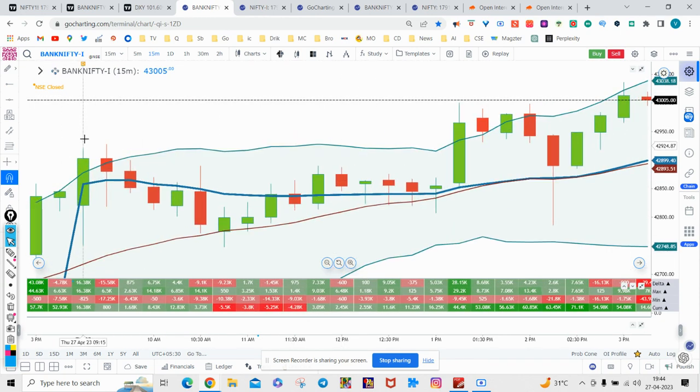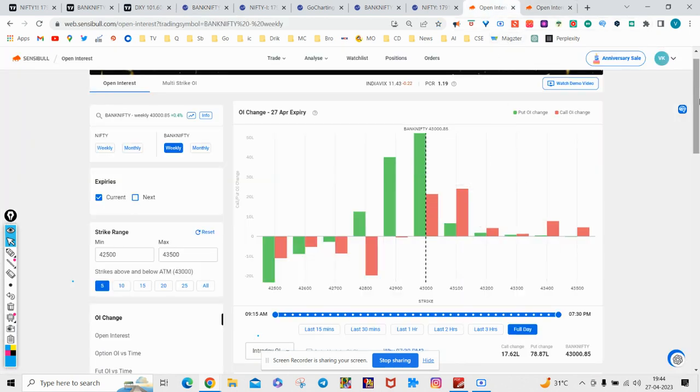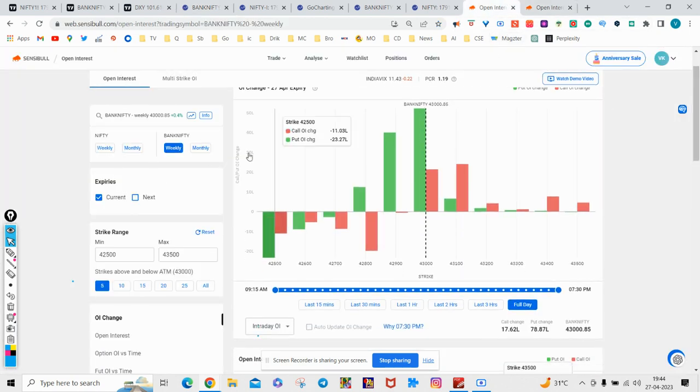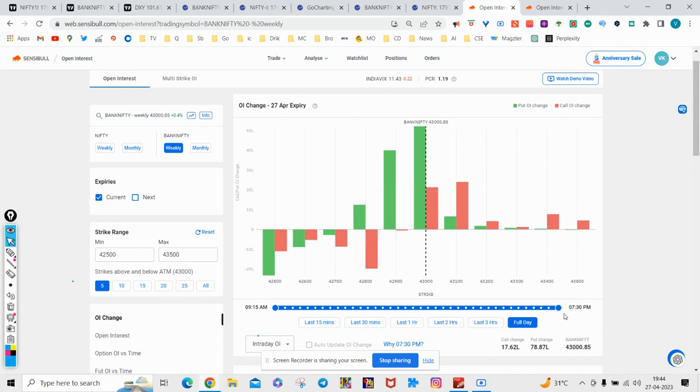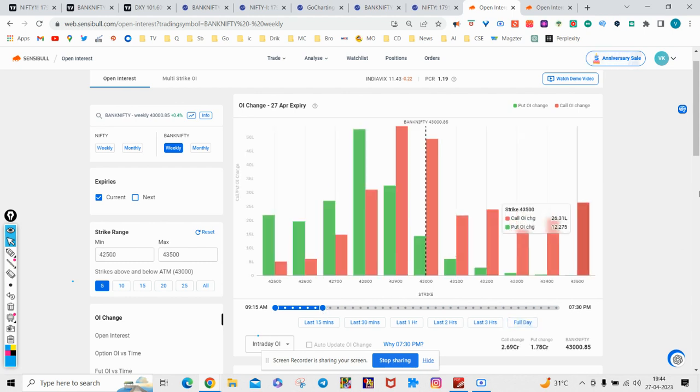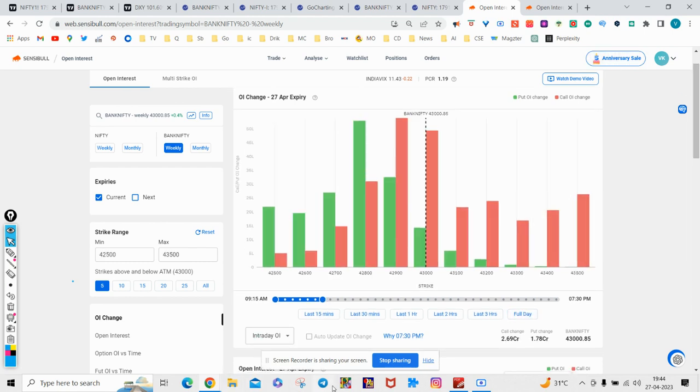And to add to this analysis, you will find the OI. To begin the day, the call writing was more when you look at the put writing. This is Bank Nifty's OI for the first hour, which you can take till maybe 10:15. You can see here that the call OI change is more. You can see the call towers are also very strong.